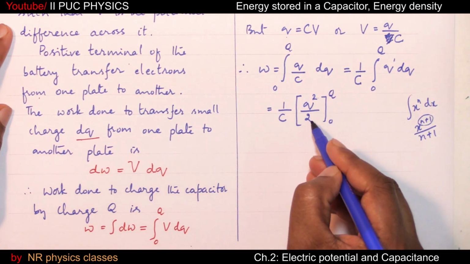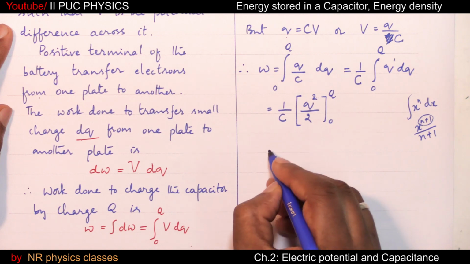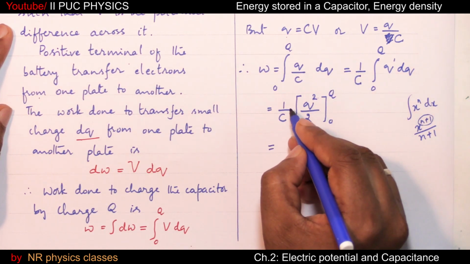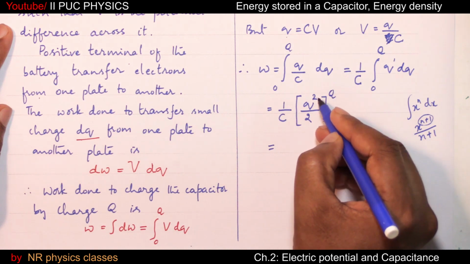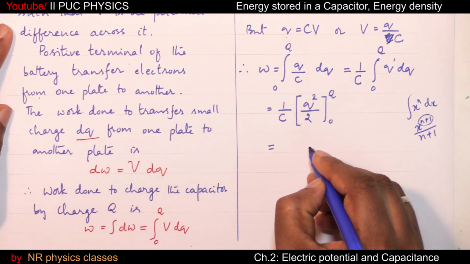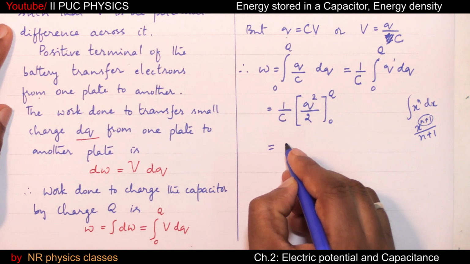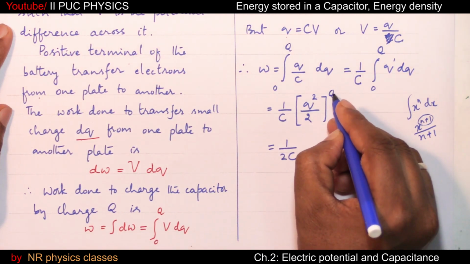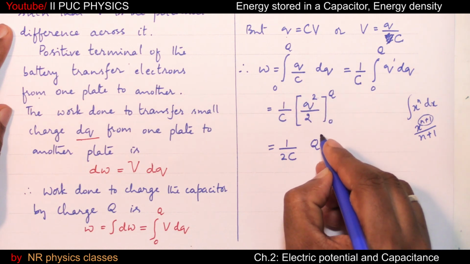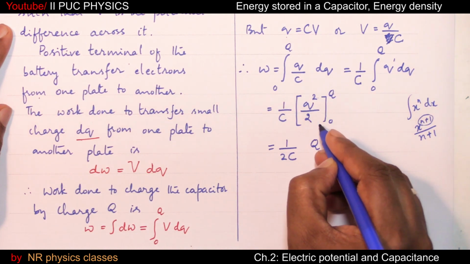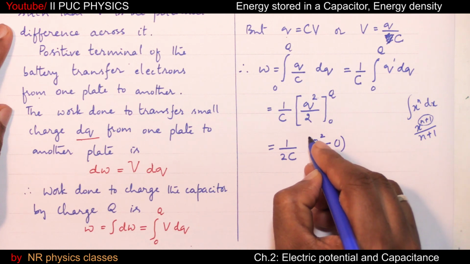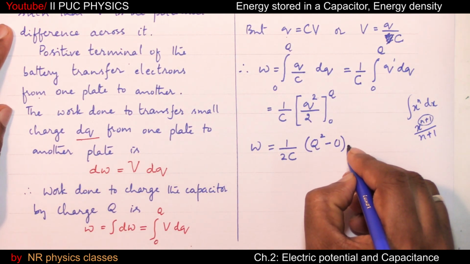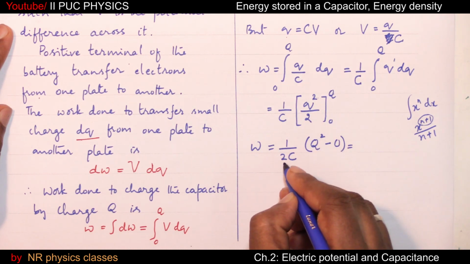That same exponent is in the denominator. Now substitute the upper limit: 1 by 2C, substitute upper limit Q square, minus substitute lower limit 0, which is equal to Q square by 2C.